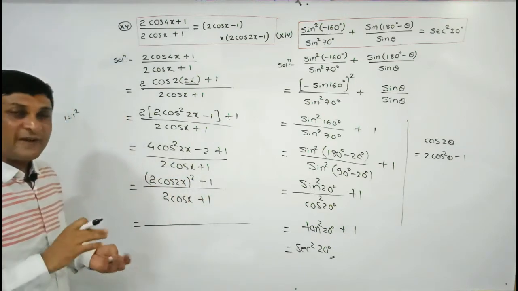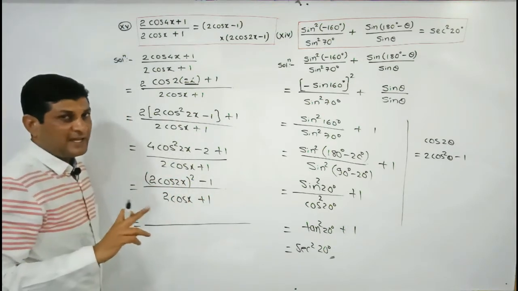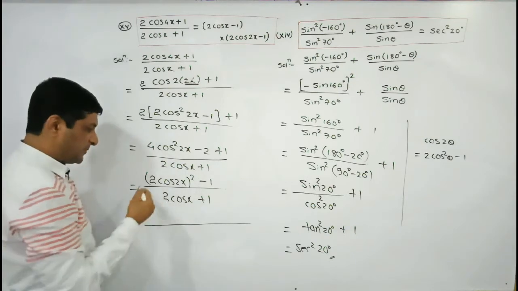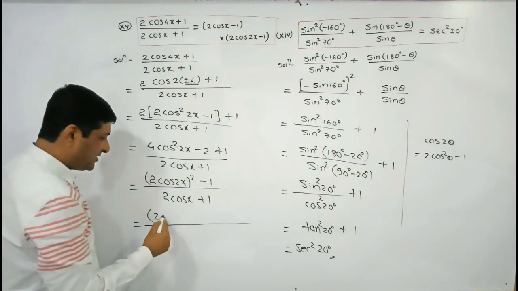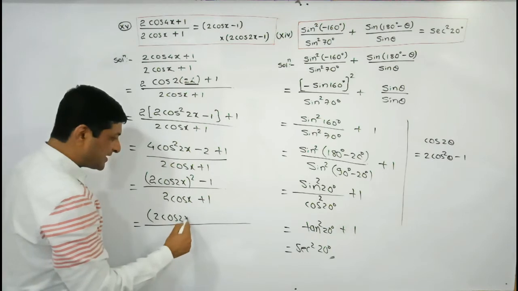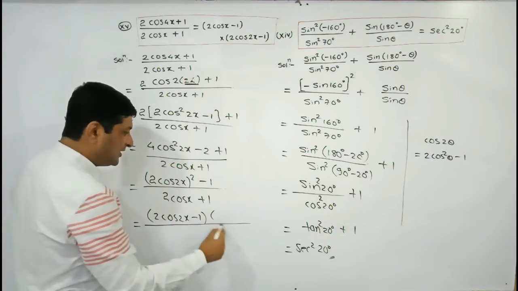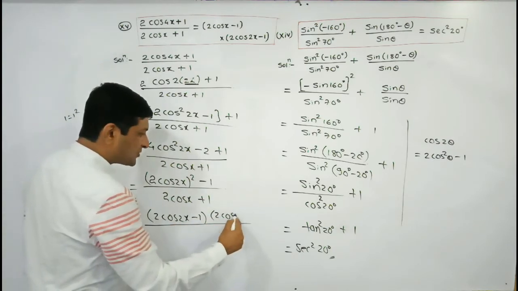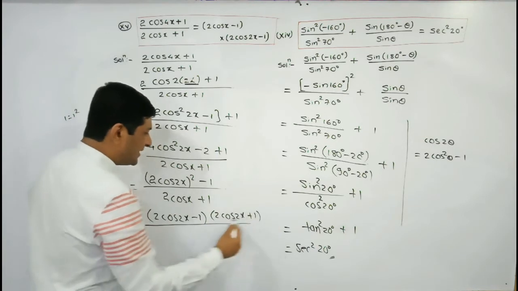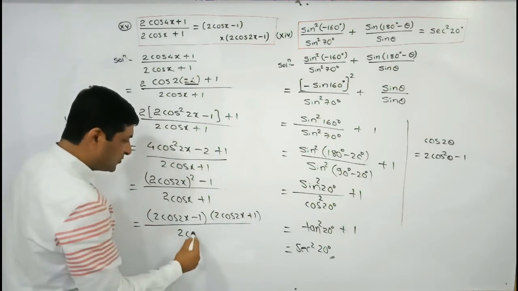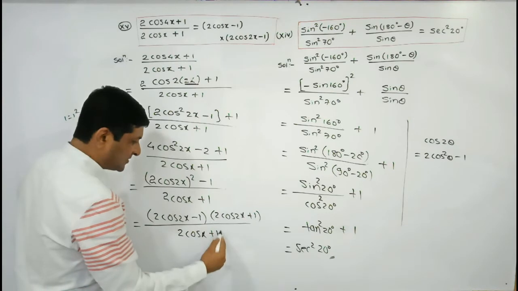And what are the factors of a square minus b square? (a minus b) into (a plus b). So here we get (2 cos 2x minus 1) into (2 cos 2x plus 1). Keep the denominator as it is, 2 cos x plus 1.